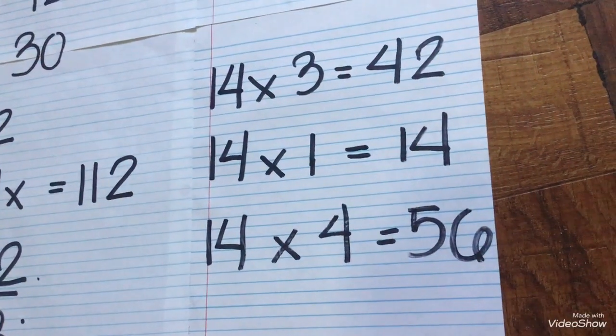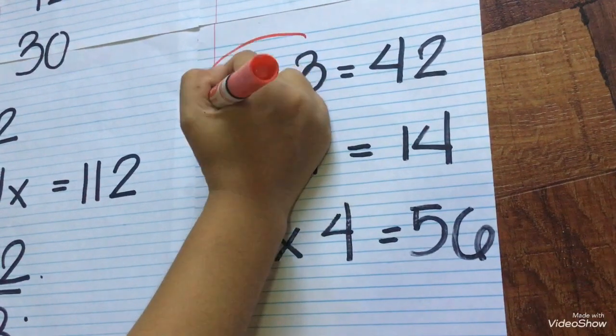Therefore, the weight of Carlo is 42 kilograms.